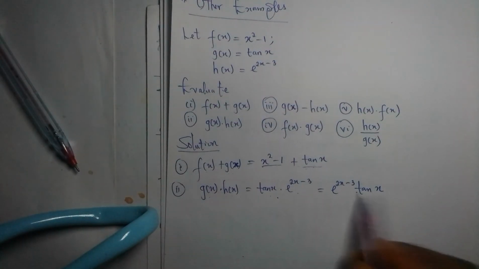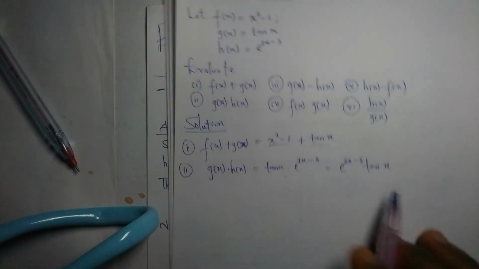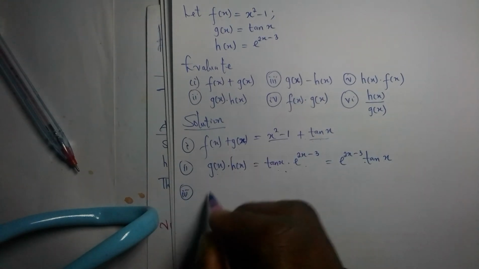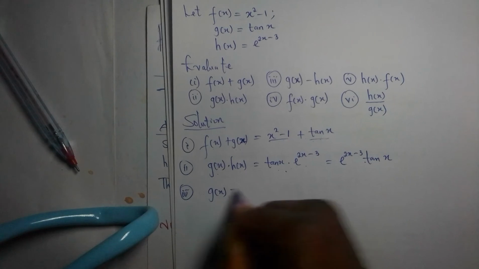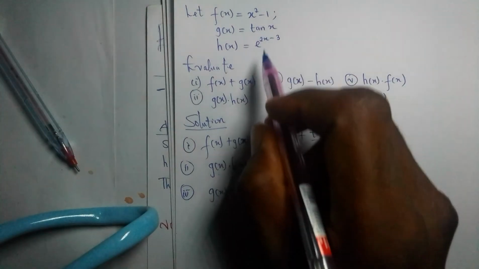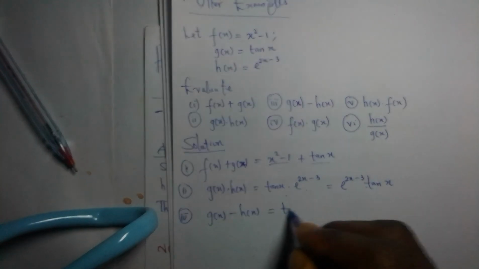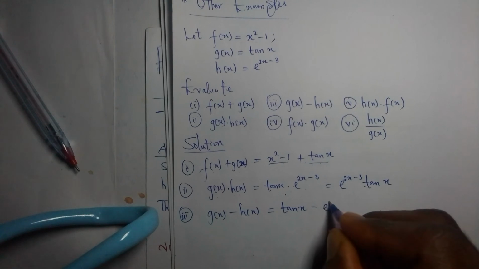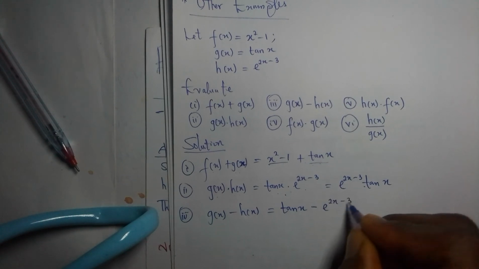Whether you write it this way or this way, both are acceptable, but this one is just clearer. Number 3 now, we have g of x minus h of x. This one is very simple. g of x is tan x as seen here, so we have tan x minus h of x, which is exponential 2x minus 3.